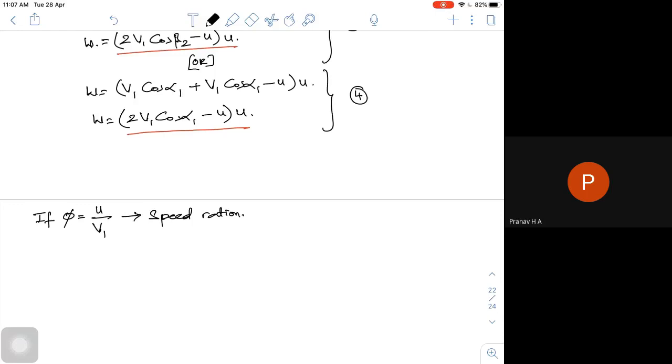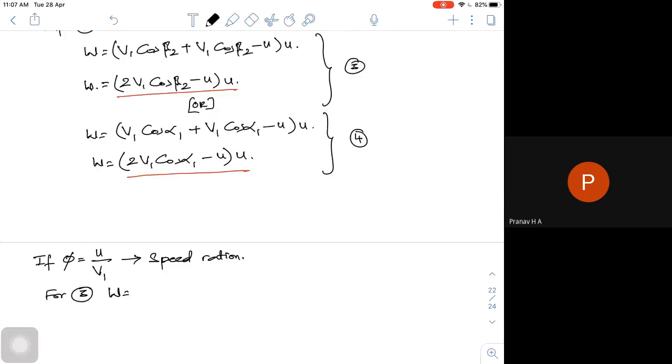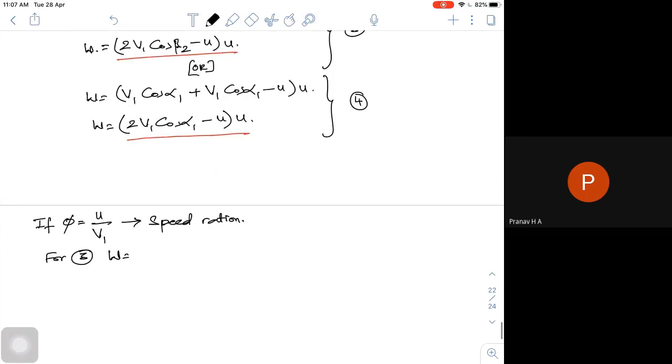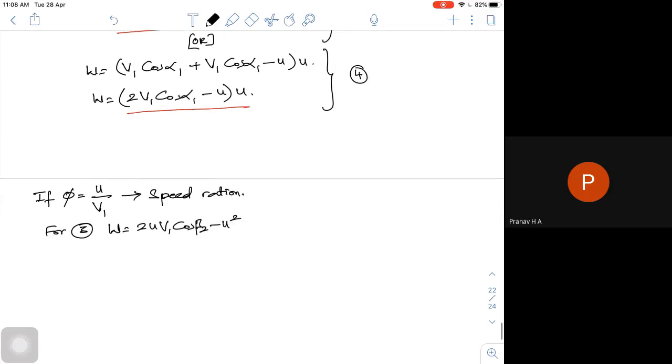If I take equation 3, W is equal to 2V1 cos beta 2 into U. If I open the bracket, this will be 2U V1 cos beta 2 minus U square. Fine. This is one expression. Or let me write side by side.